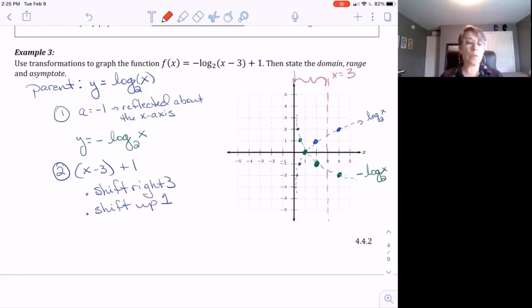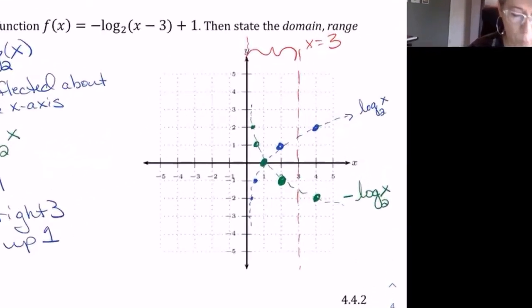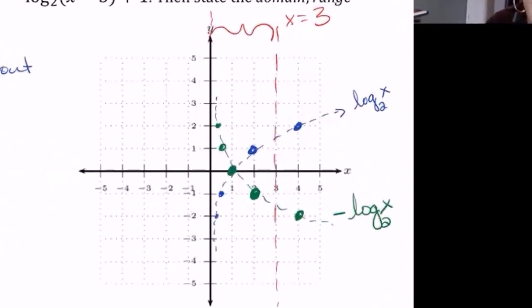Now we take all of the points that are there in green, the one that's decreasing, it's been reflected, and we're going to take all those points, shift them right 3 and up 1. So starting with the point 4, negative 2, we're going to go right 3, 1, 2, 3, and up 1. Point 2, negative 1, right 3, up 1.